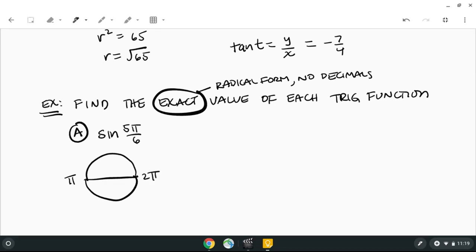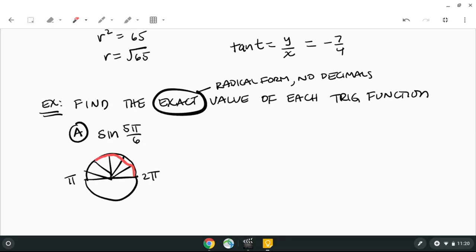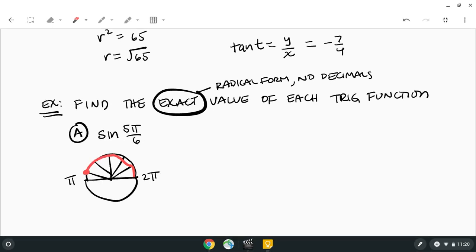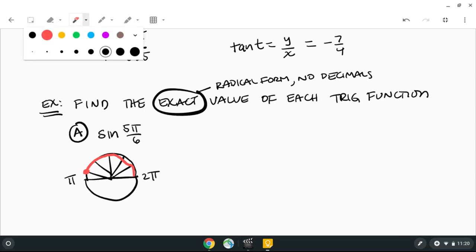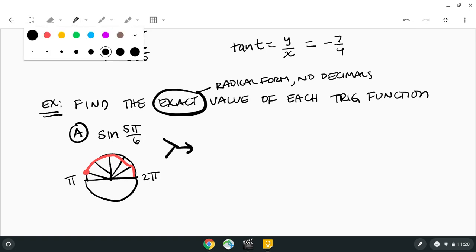It's cut into 6 equal pieces. And you go 1/6, 2/6, 3/6, 4/6, 5/6. So this tells me that I am in quadrant 2.